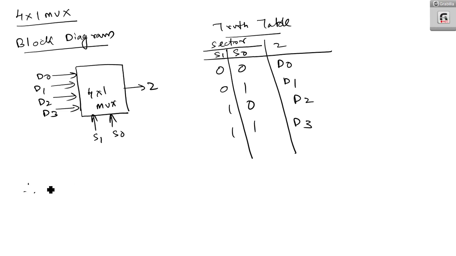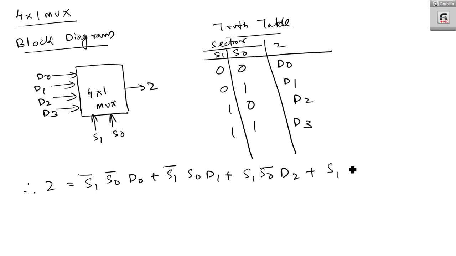Therefore, the expression of Z, you can write it as S1 bar S0 bar D0, or S1 bar S0 D1, or S1 S0 bar D2, or S1 S0 D3. That is, if S1 is equal to 0 and S0 is equal to 0, what will be Z?